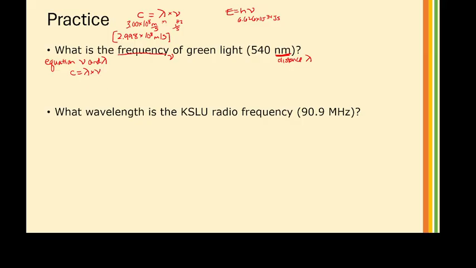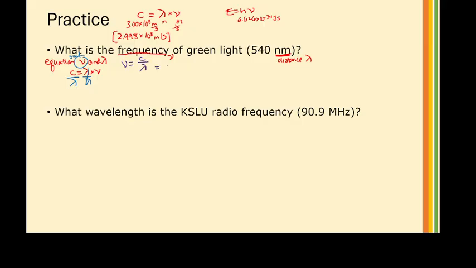Now I want the frequency, this is my goal. So I want to isolate this, which means I'm going to divide both sides by the wavelength. And I will end up with frequency is equal to C over lambda.